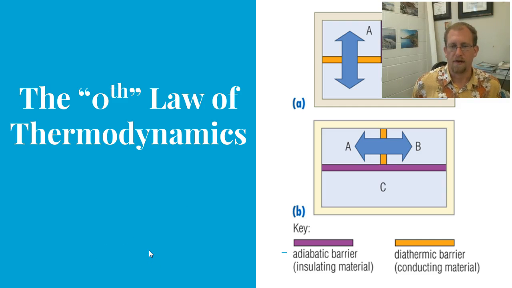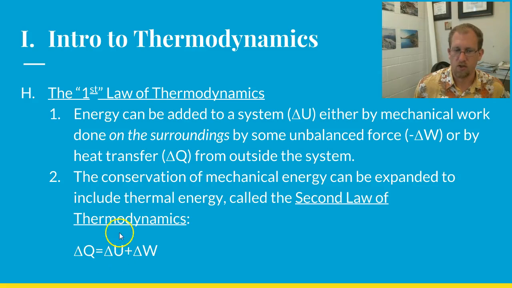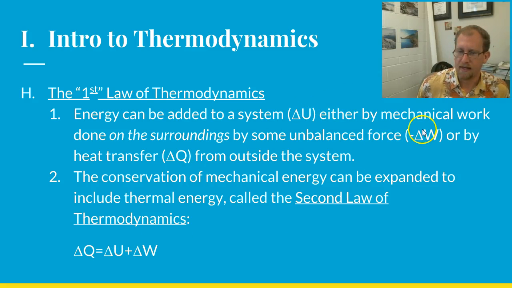Now, the first law was describing a change in U, and then said these two things can change U. And then when we look at it written out as an equation, it's not U equals Q plus W, it's Q equals U plus W. And then you think to yourself, why isn't it U equals Q plus W? Because we're talking about U, aren't we? But then realize this is negative.